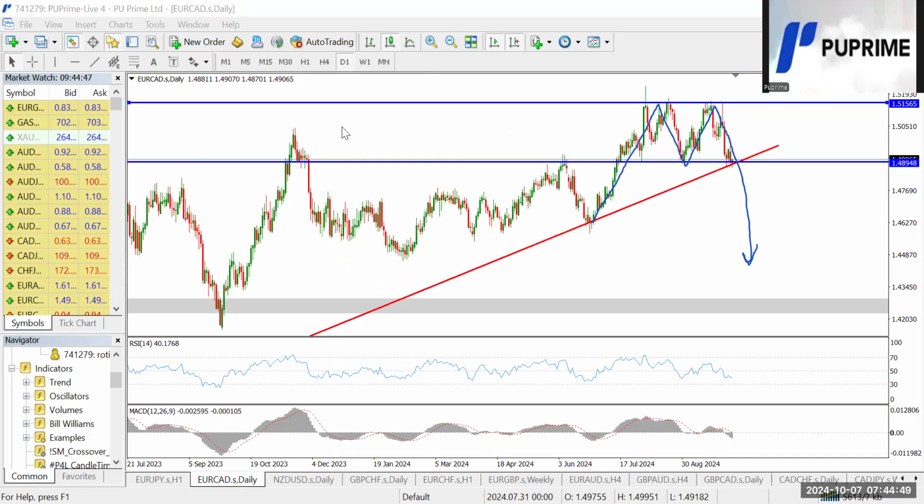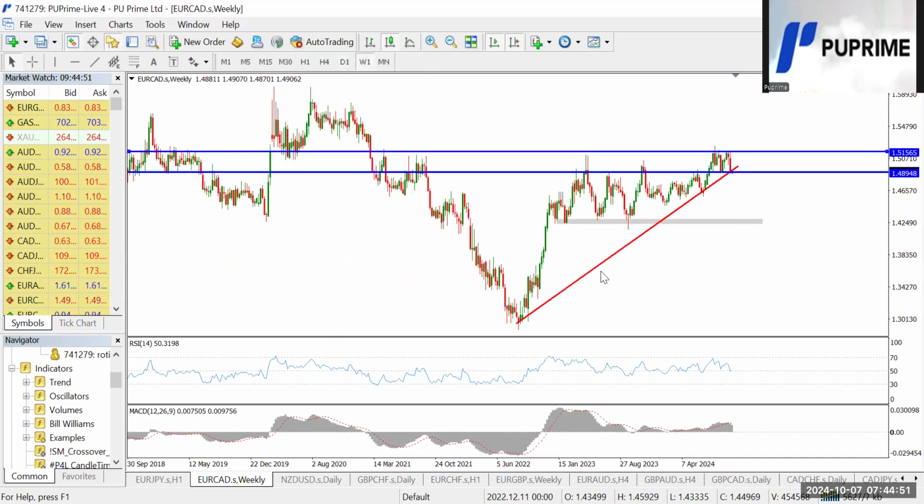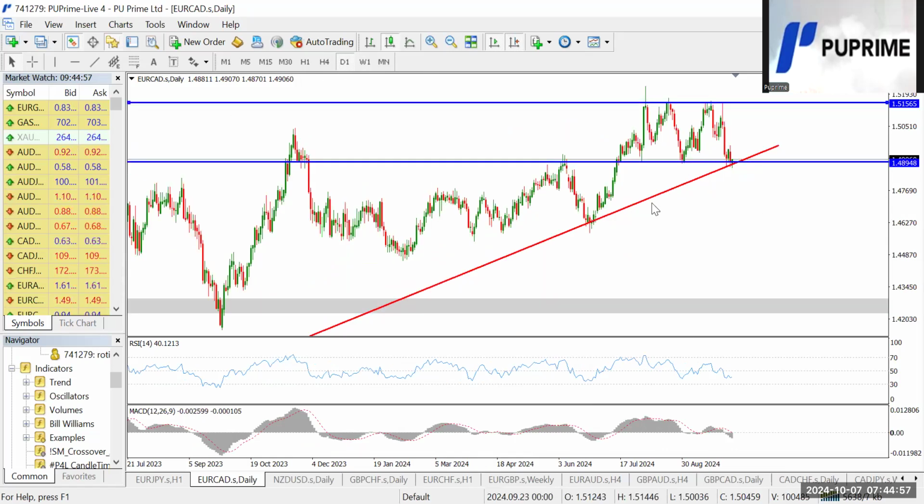And still back to the weekly time frame, we can see we have a trend line that is trending upwards. So if price breaks out below the neckline of the double top, which is this other line here, you can see that we're at the current point of intersection now. If price breaks out below this, then we'll be looking to sell the Euro card.